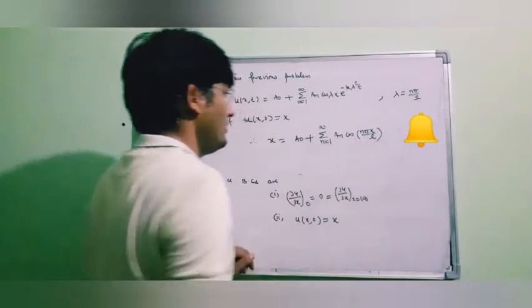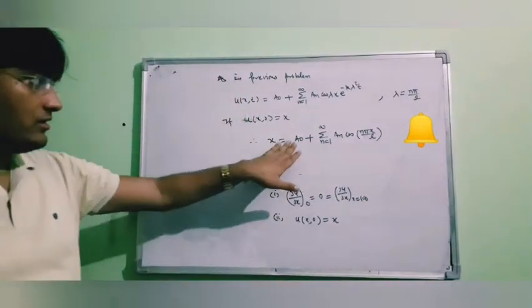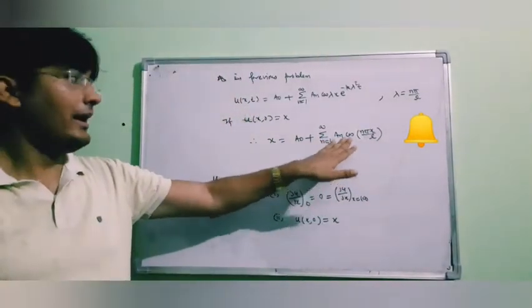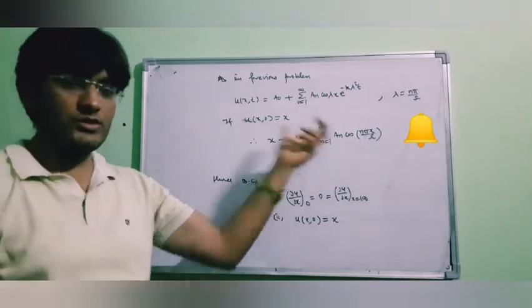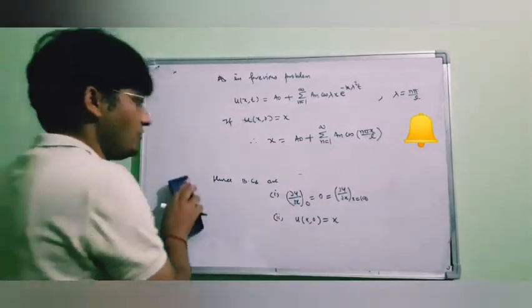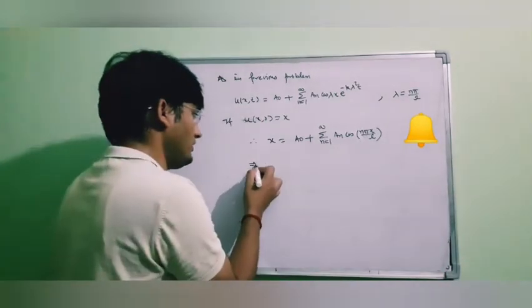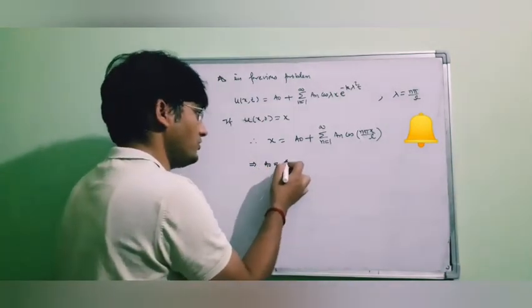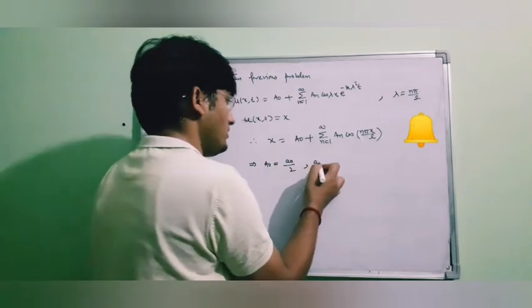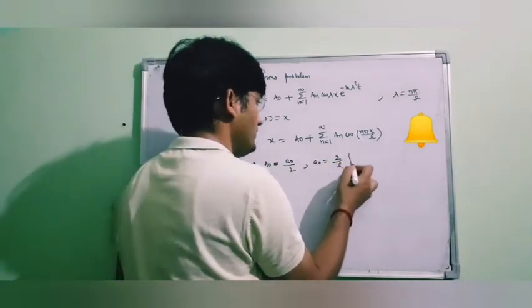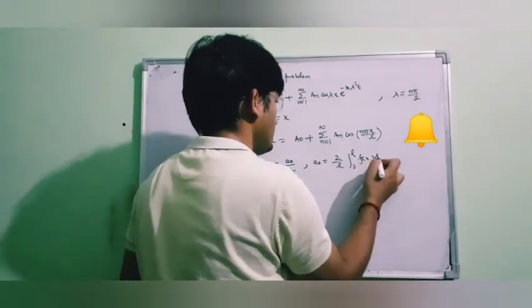Now the right hand side is again a half range cosine series, and for the half range cosine series, A naught will be a naught by 2, where a naught is 2 upon l integral from 0 to l of f(x) dx.